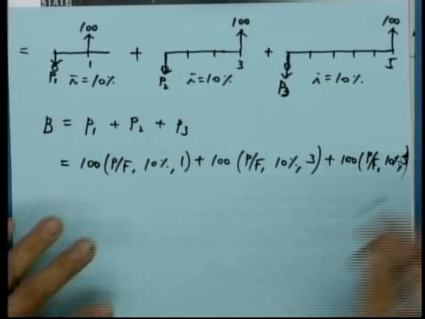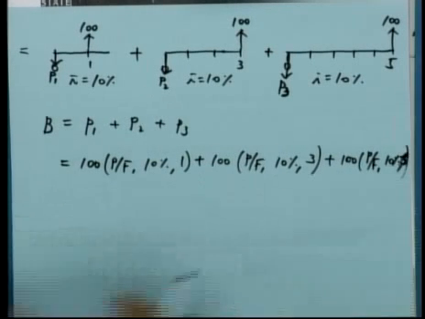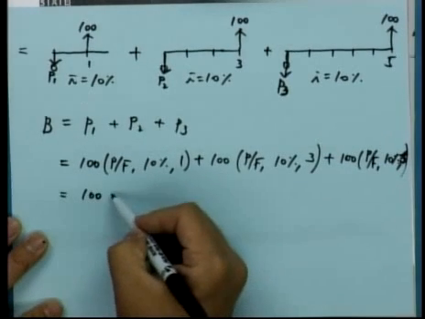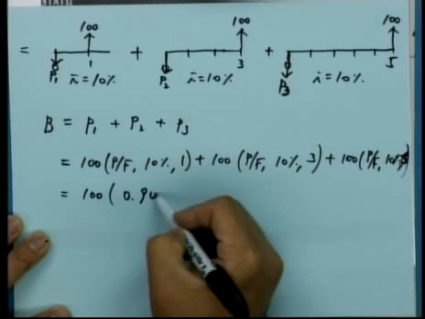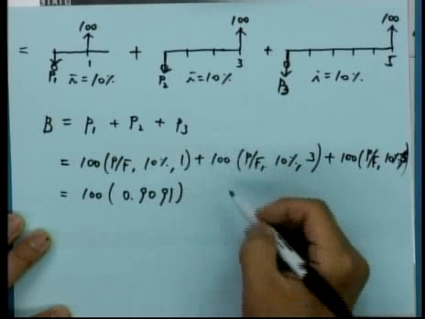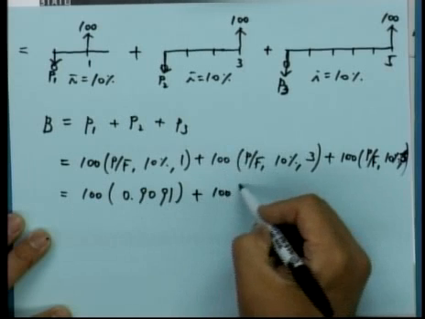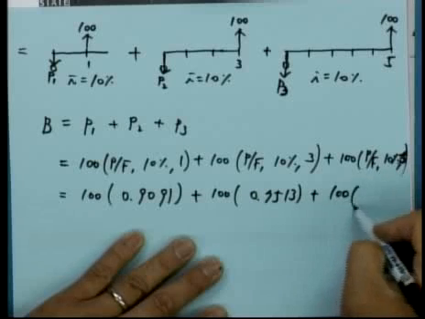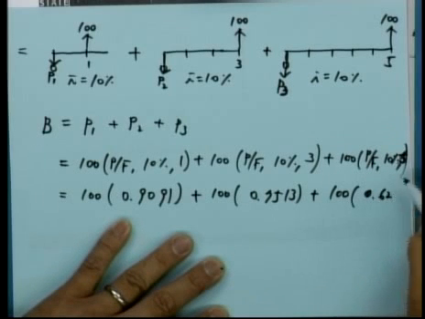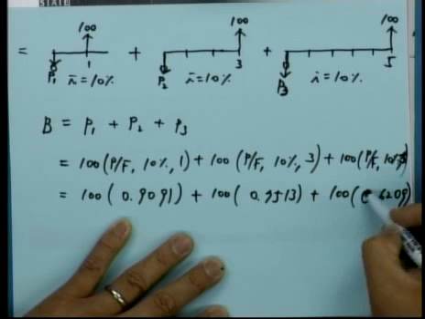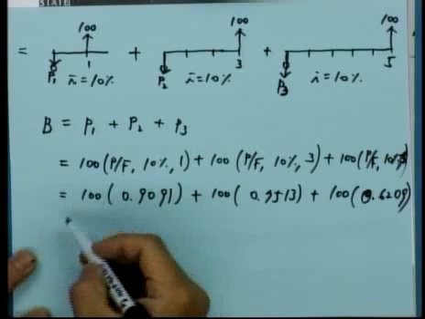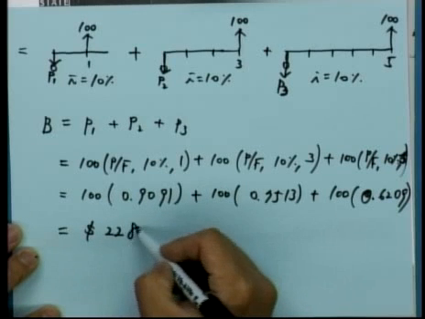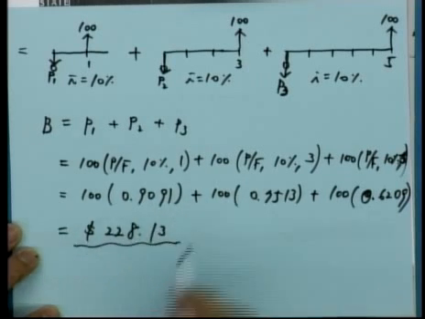Okay, this is 5, sorry. This is going to be 100 times 0.9091, plus 100 times 0.7513, plus 100 times 0.6209. Okay? And the final answer would be $228.13.